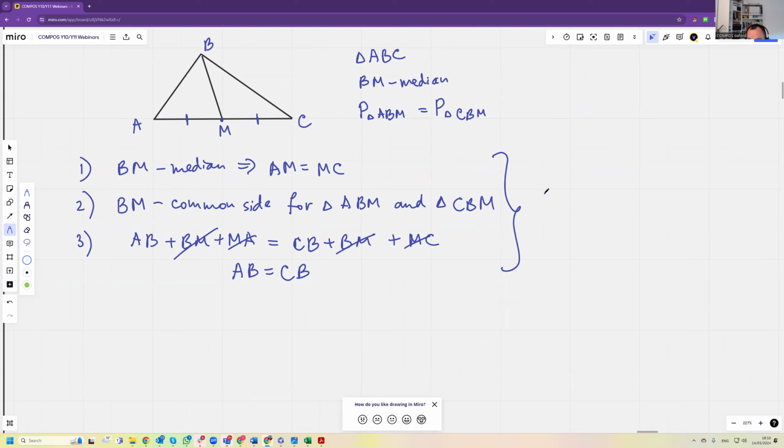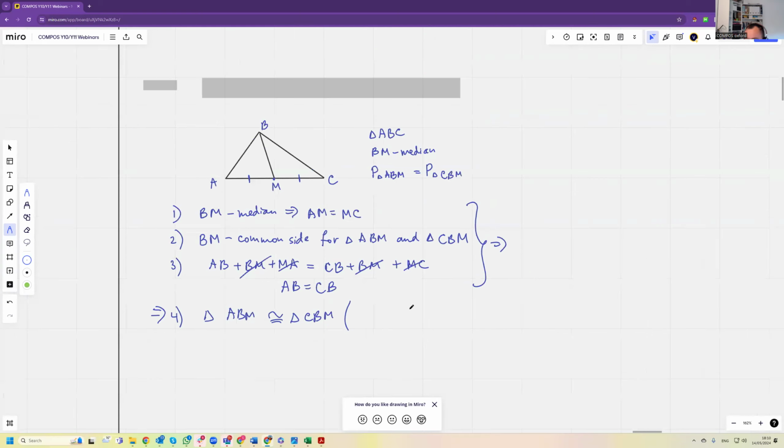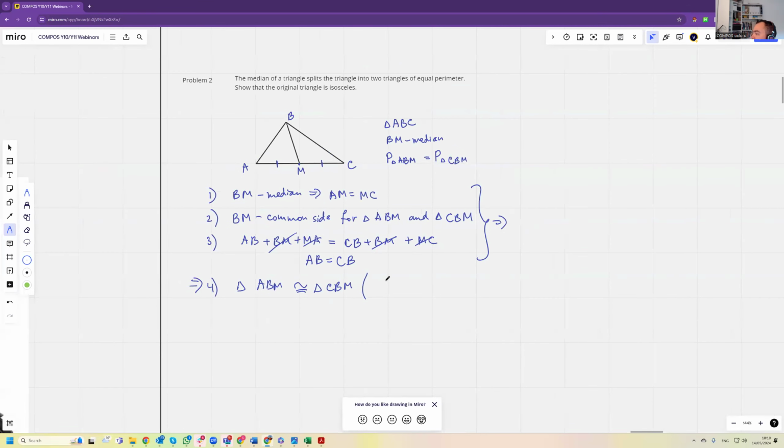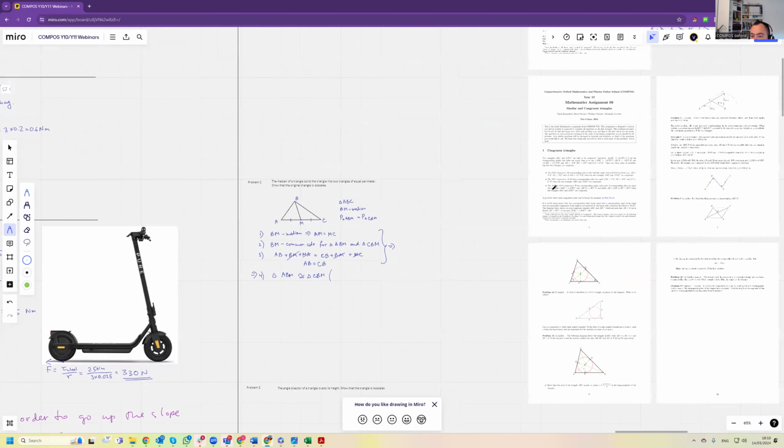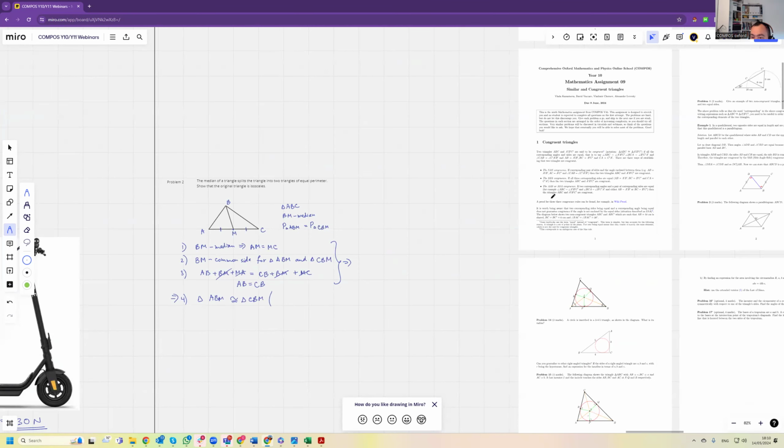So that means the triangle ABM is congruent to triangle CBM. Why? What is the reason? Which did we use? SAS, SSS, or AAS?